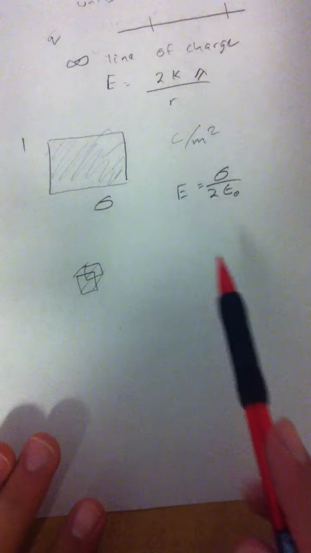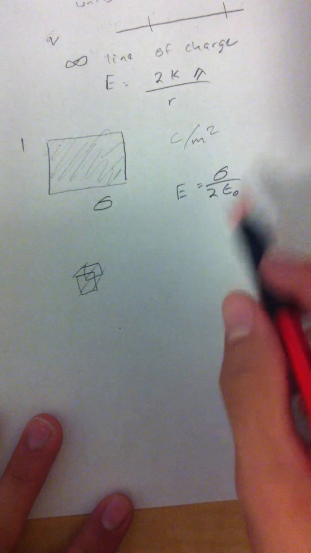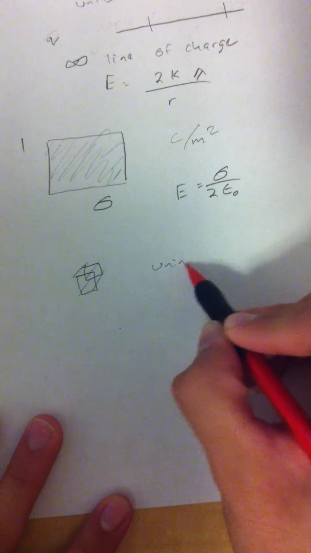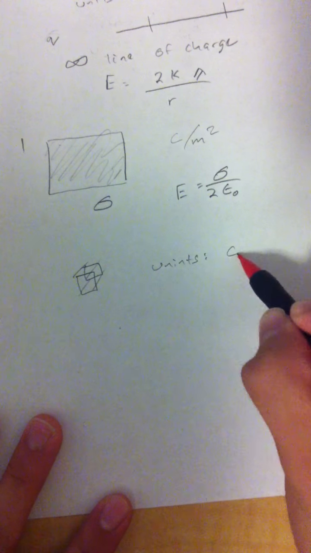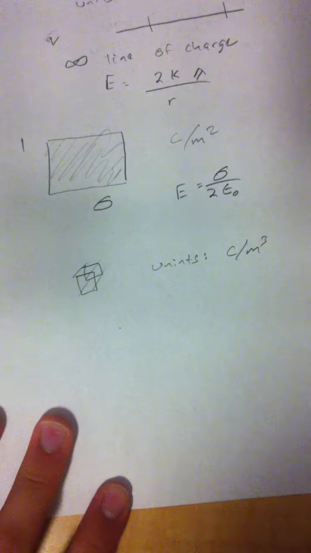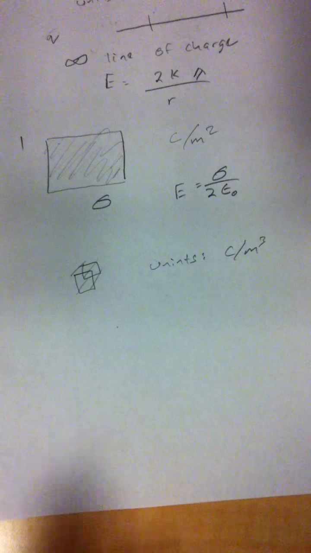We haven't learned a symbol yet for the volume charge density, but we know it's going to be in units of coulombs per cubic meter, because now we have a three-dimensional object. We have to think of the volume now instead of just the area.